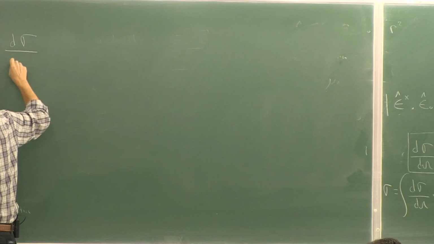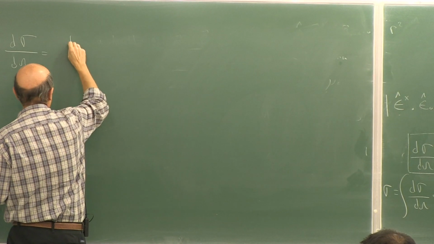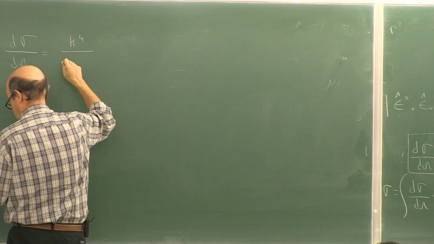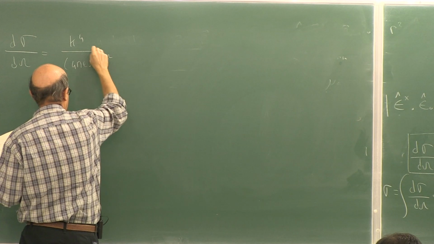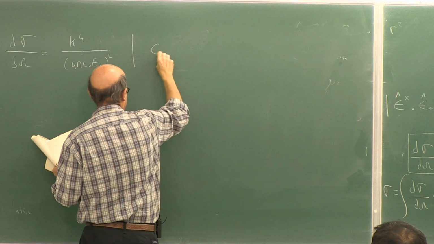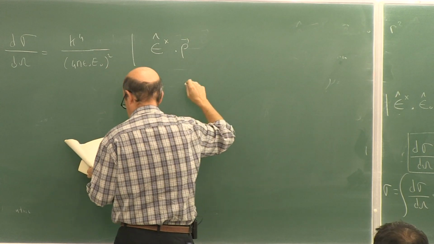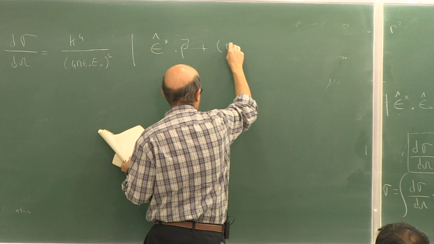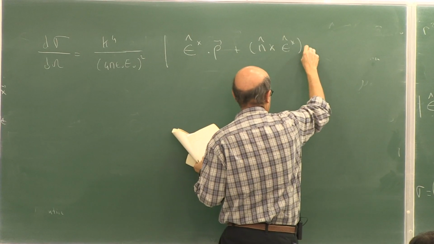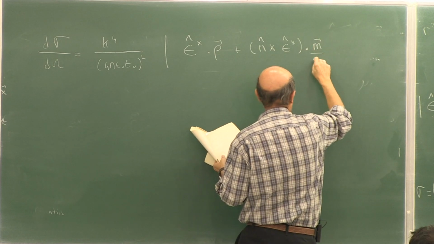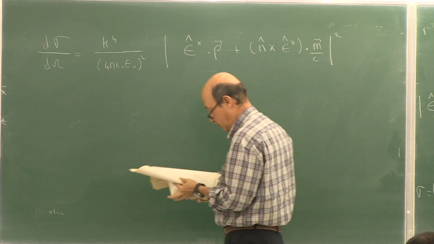The full expression for the scattering cross-section per solid angle is k to the 4 divided by 4 pi epsilon 0 E0 square, times the polarization after the scattering dot electric dipole moment, plus n cross polarization after the scattering dot product magnetic dipole moment, and take the absolute square.